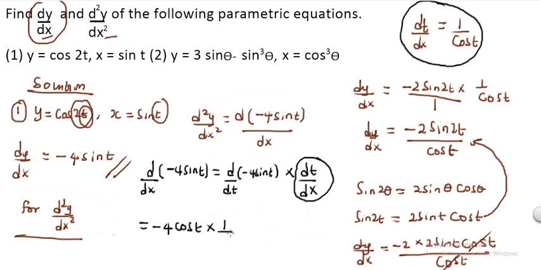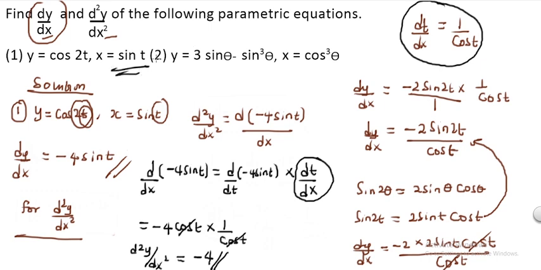Here cos t cancels out cos t. So d²y/dx² is equal to minus 4 times 1, which is minus 4. So this is the second derivative of the first question.